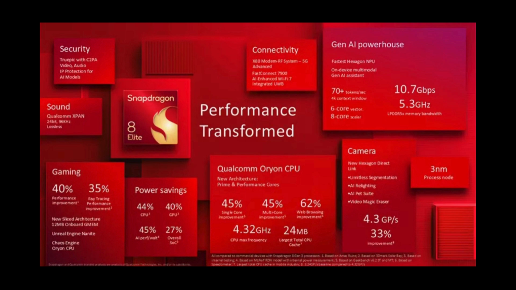Coming to power saving, CPU has 44% more power saving and GPU 40% more. Next, single core has 45% improvement, and multi-core 45% improvement. Web browsing has been improved by 62%.